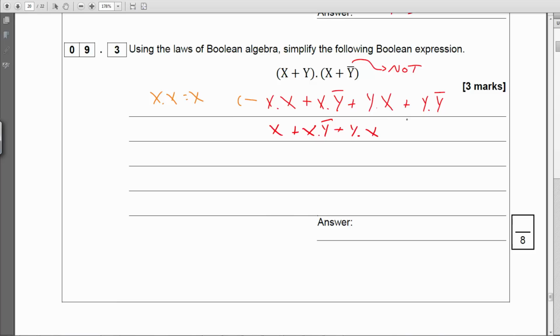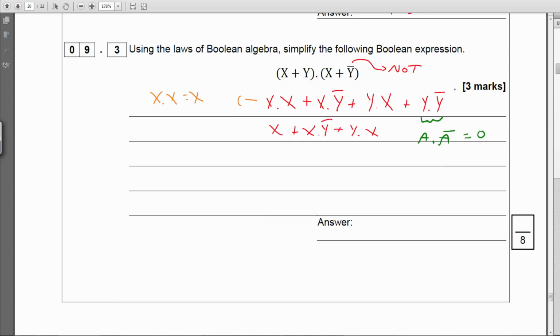And actually I'm going to add another rule, and this is that an input multiplied by its inverse, or not, is going to equal 0. So let's say A times not A is going to equal 0.